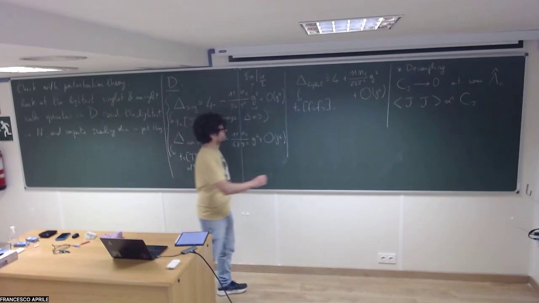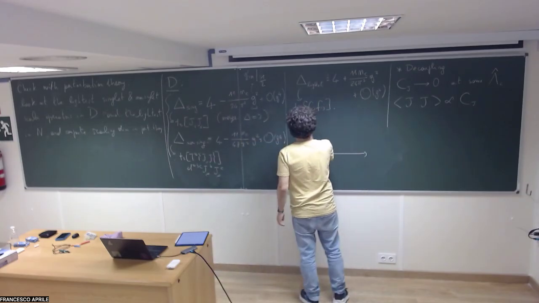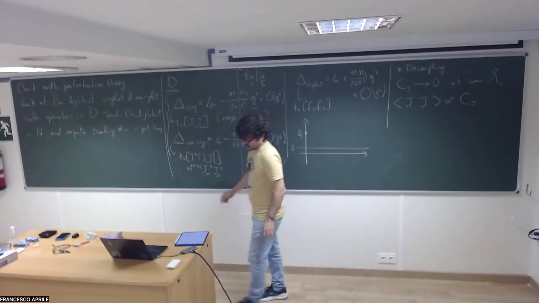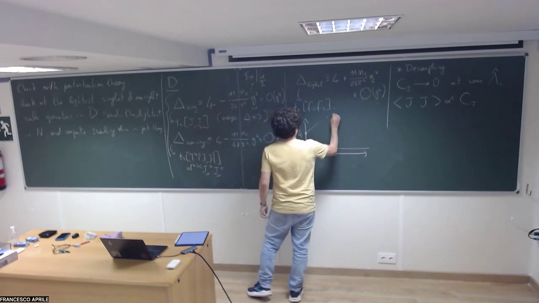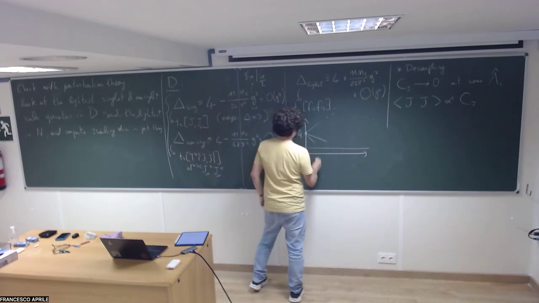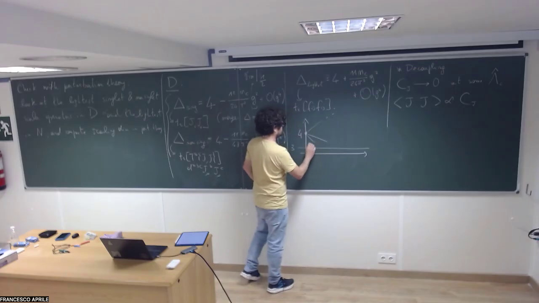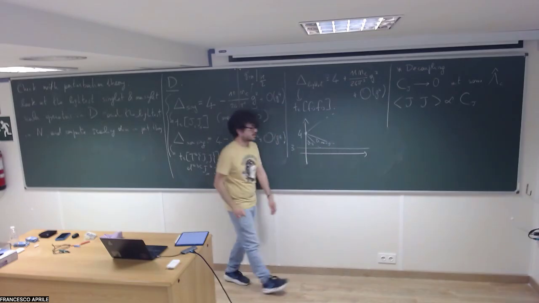Just the picture: you have all of these things that start from 4, you have marginality at 3, and the Neumann going up, and you have this Dirichlet singlet going like this, and the Dirichlet non-singlet going like this. Okay.